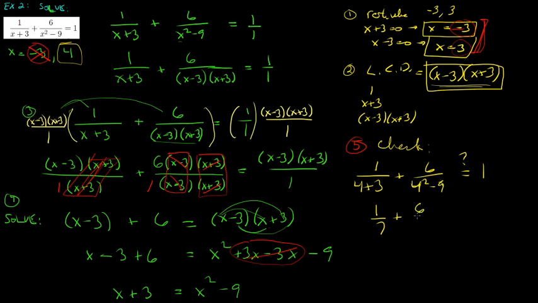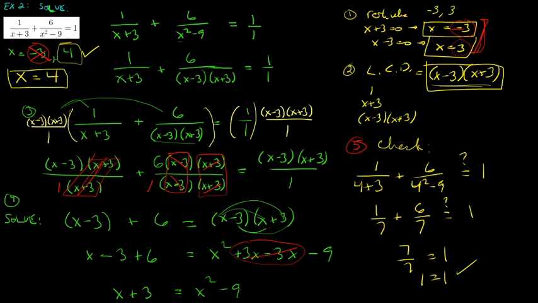Actually 16 minus 9 is 7, right? Oh, this isn't that bad. This should be obvious, right? 1 over 7 plus 6 over 7. So that's just 1 plus 6 is 7. 7 over 7 is indeed 1. So yeah, that works. So x equals 4 is correct. But x equals negative 3 was not. So our final answer, x equals 4, is our solution, and our only solution.